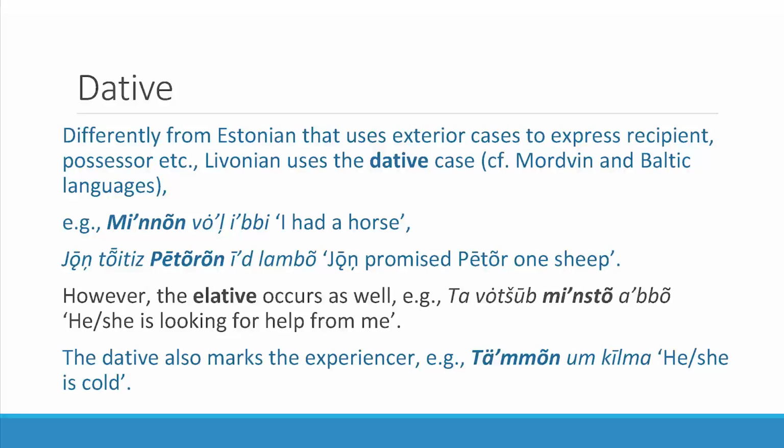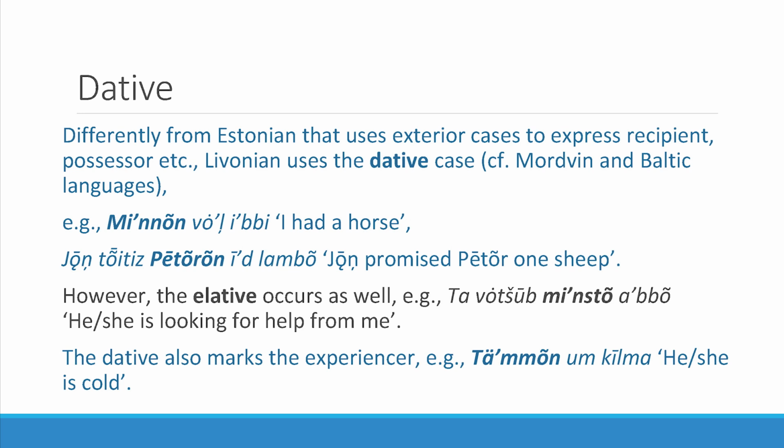So the marker here is this N or UN. So when I say that I had a horse, minnen veel ibi, or Joon promised Peter one sheep, Joon tõid this Peterin idlamb. So generally this dative case is used then.